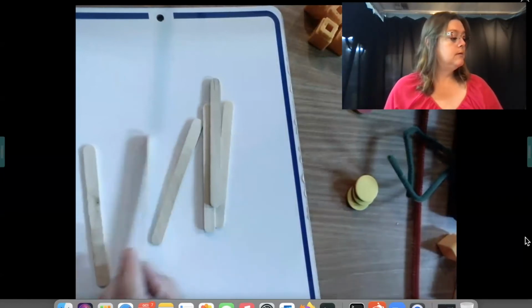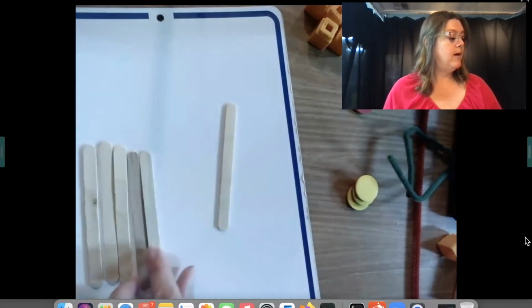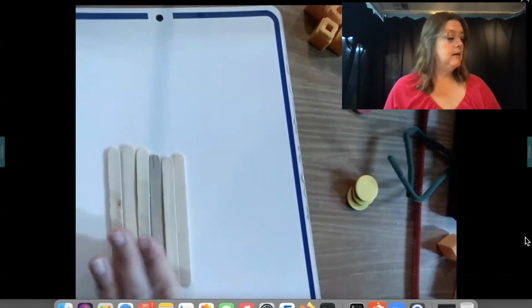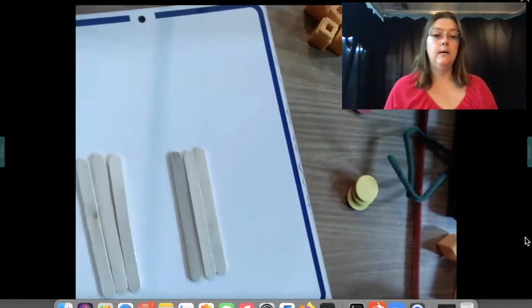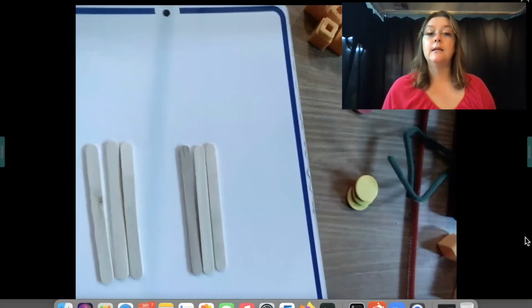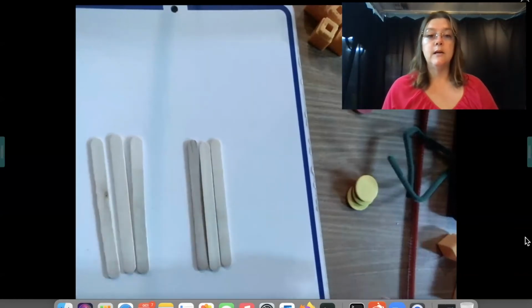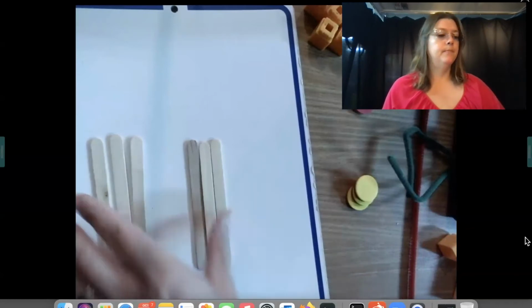So 1, 2, 3, 4, 5, 6. I'm organizing those. They can say there's 6. They may organize them this way. And they go 1, 2, 3, 4, 5, 6. And if they can do that with that break in there and continue instead of going 1, 2, 3, 1, 2, 3, and counting them all together, that's huge. So some of the things that we like to do.